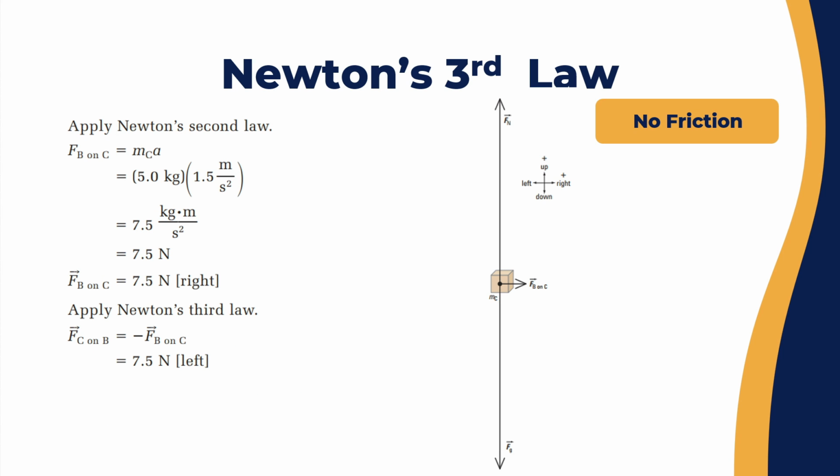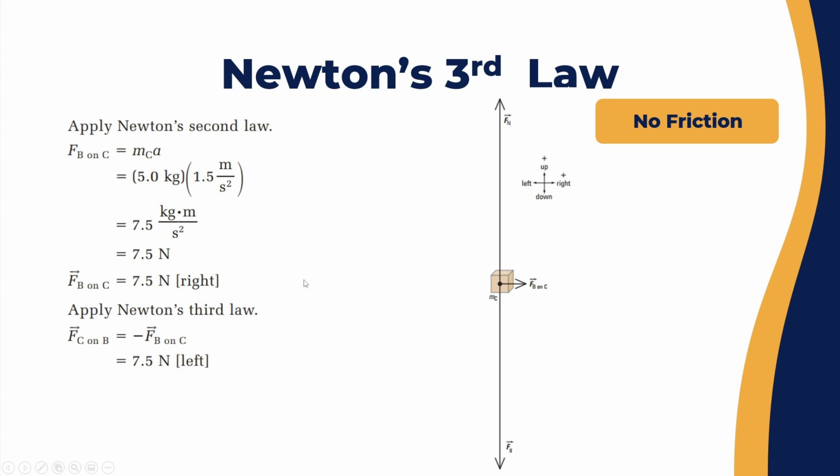If we apply Newton's second law, F B on C equals M C multiplied by A. M C is 5 times 1.5 meters per second squared, which equals 7.5 newtons. Now the F B on C directional is 7.5 newtons to the right. That's where the force is going.